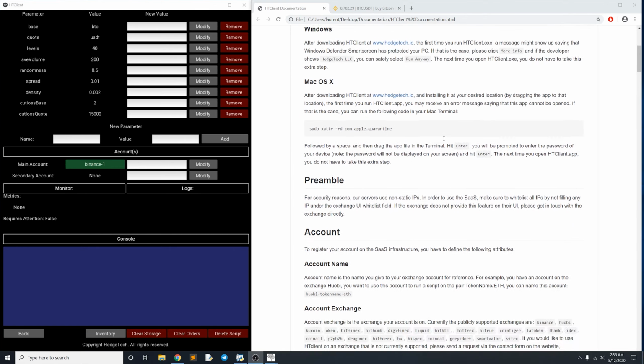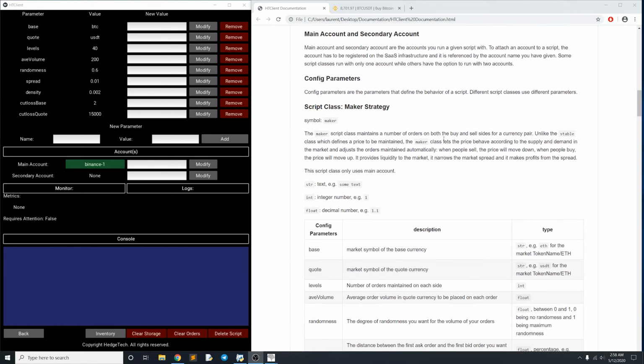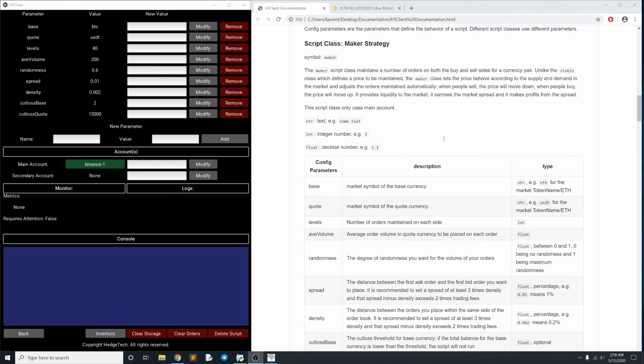I'll scroll down to the Maker section. Okay, so Maker is the traditional market making strategy. It's market neutral, and it aims at price discovery, meaning that the price is going to react according to supply and demand.